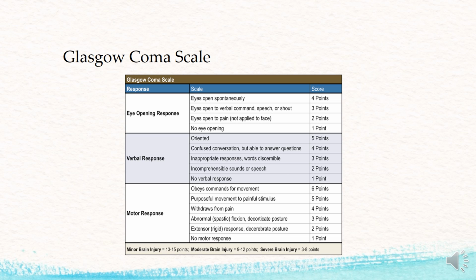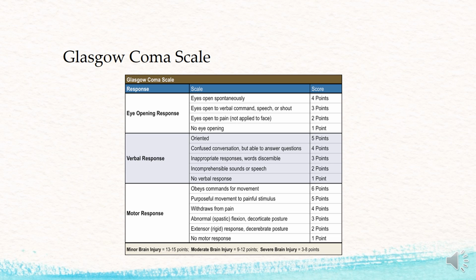Glasgow Coma Scale, we've covered a little bit before. You may or may not be the one administering this. Most likely you're not. Most likely this is documented in the chart that patient came in with a GCS of 8, and there's other further documentation about it. You can use this, though, as you're working with someone with a brain injury, especially if you're new.